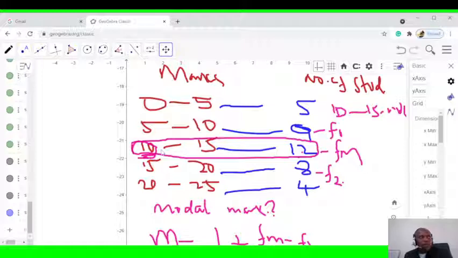Your average must be within the specified range, so our modal value is in this modal class, and we have found it to be 12.14.